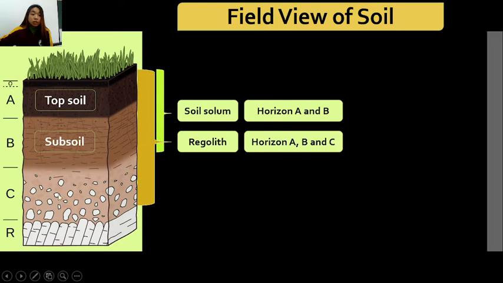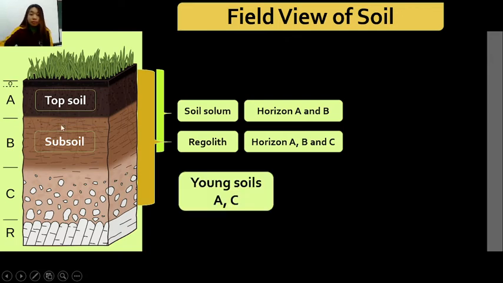Bakit true soil? Kasi hindi mo pa naman matatawag na true soil ito kasi may mga alien materials pa like yung mga rocks. Okay? Kaya ang true soil is the A and B. And also, kapag yung na-identify mo na soil profile is may horizon A and C only, okay?